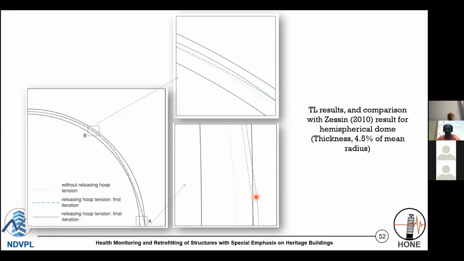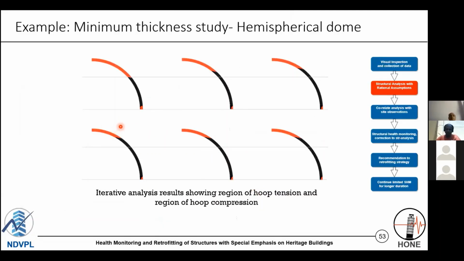Our thrust line is this full line, and their thrust line is the dotted line, and our thrust line is a better approximation of the structural behavior using iterative analysis. Again, I am not going into much of the mathematics, but I am just trying to show you how iterative analysis works. It is the initial crack. In the second iteration, the crack is increased. It increased till the last iteration when it converges. This is the convergence.